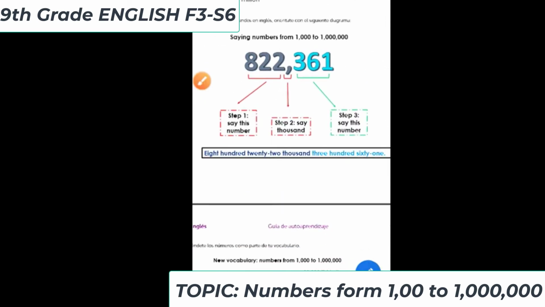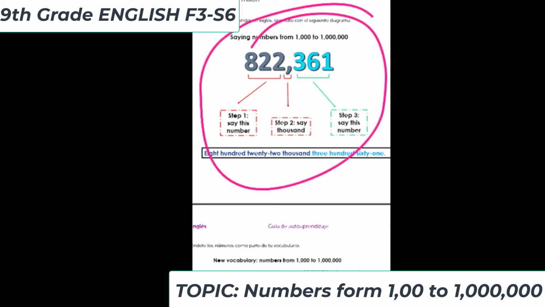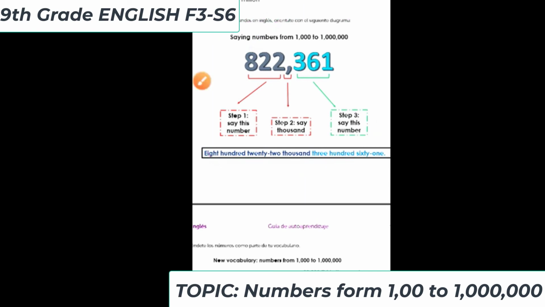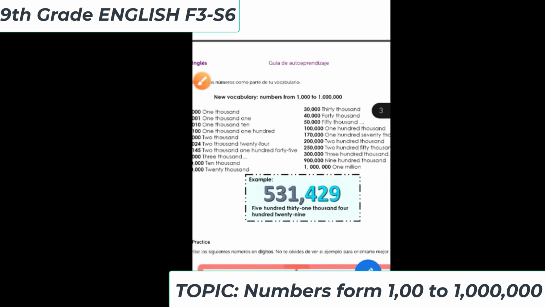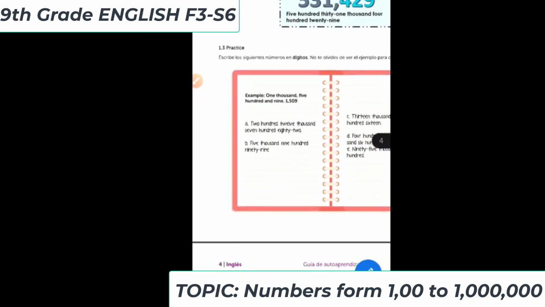And finally, we have this one, que es dividiendo el number y recordando que the comma indicates 1,000. Esas son las tres maneras. I personally believe this way is the easiest, okay? But you can decide to use any way you want, okay?